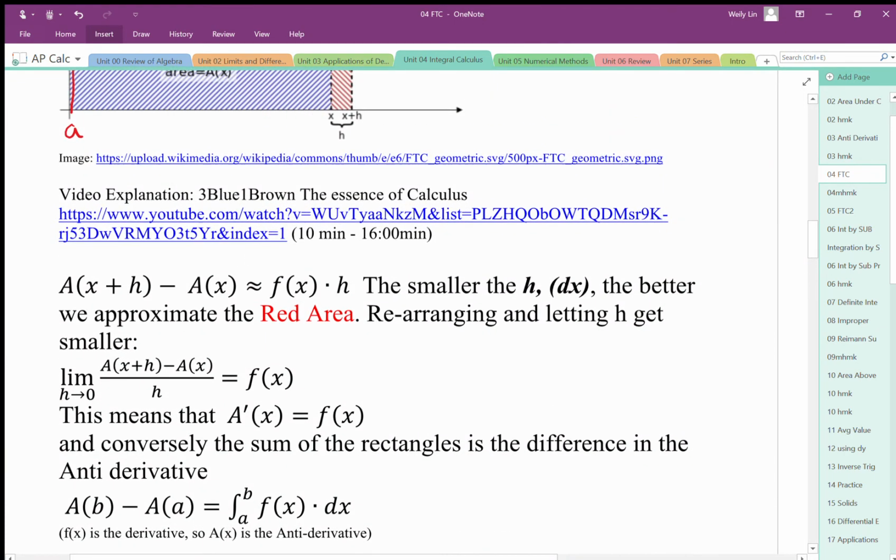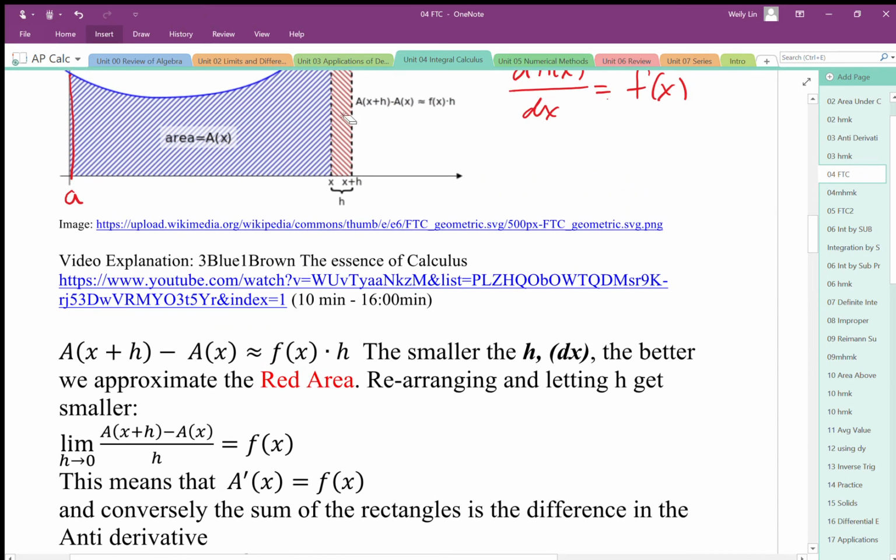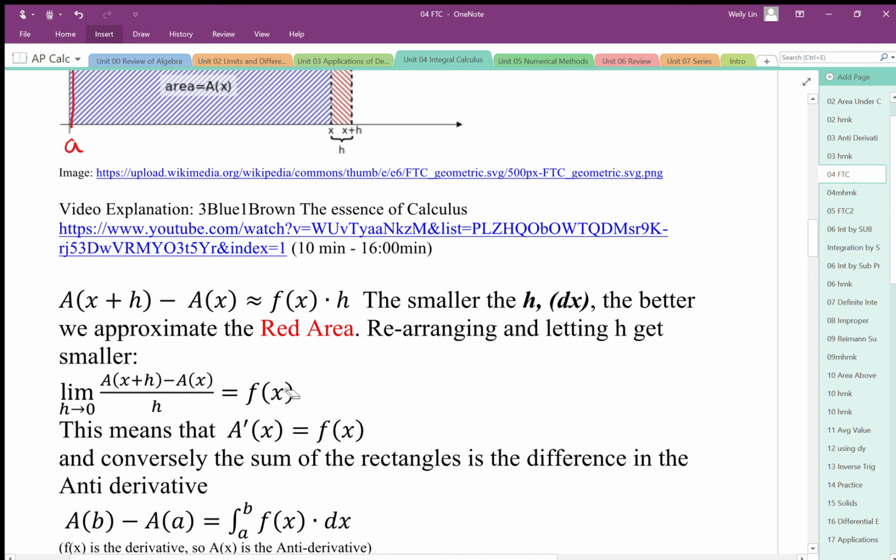Basically, we're saying that this small change in area is equal to f of x times h, right? They're using a little bit different notation here. And that red area, we can rearrange this expression into change of A divided by h. There's my change of A divided by h, and if I use a limit, I'm going to get f of x.